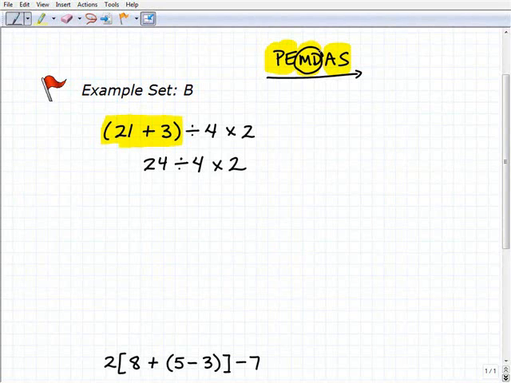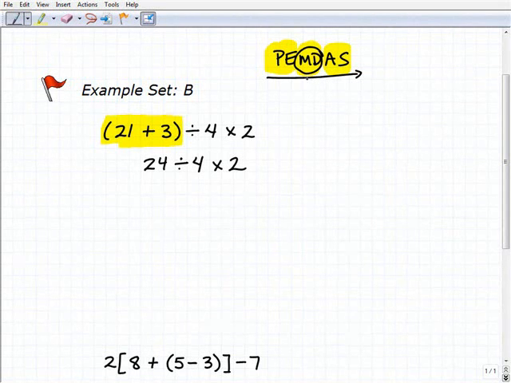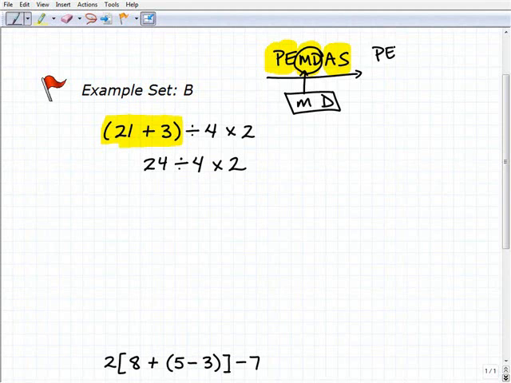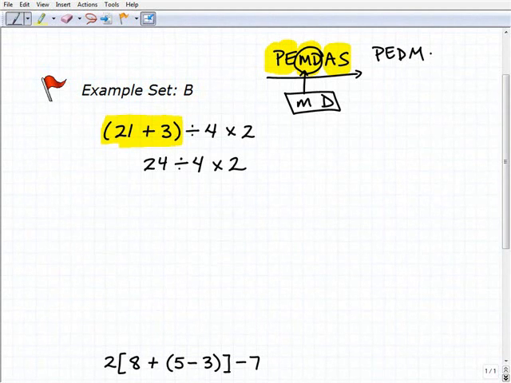So here's a common place where students get confused. They think, oh, I have to do multiplication always before division because it's the first letter in the saying PEMDAS. No, that's incorrect. It's whatever you see first, so from left to right. So you really could write PEMDAS as, if you wanted to, just to make the point, I'm just switching the D and the M, and I'll also do the same thing with the S and the A here.